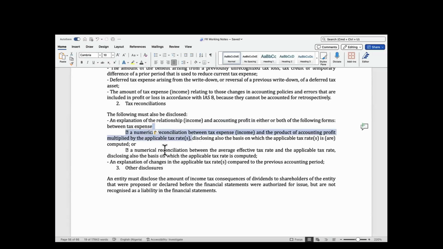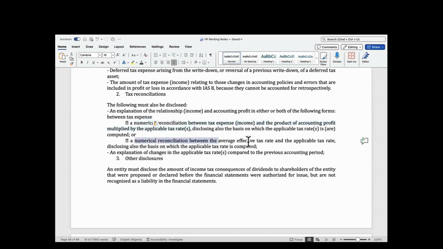And also, you would then reconcile the effective tax rate with the applicable rate. Because you find out that in a lot of companies, when you compute the effective tax rate, it will not be up to 30%, or it might be more than 30%. And with the new tax law, there's a provision that now sets a minimum effective tax rate.